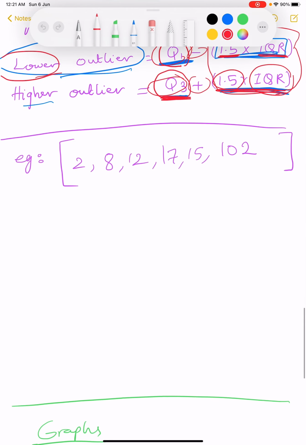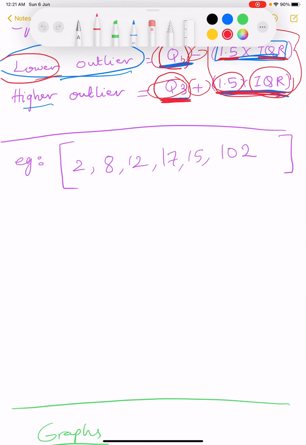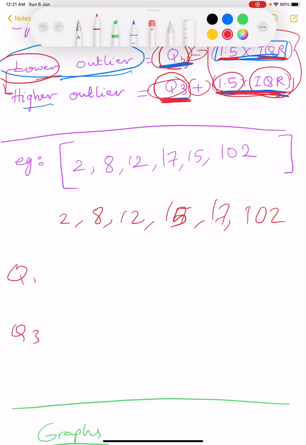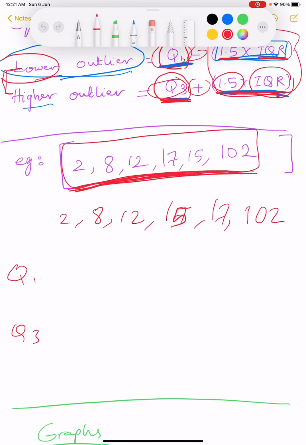We're going to solve for the outliers. First, we organize the values: 2, 8, 12, 15, 17, 102, and so on. We want Q1 and Q3 in order to use these two equations and decide which values will be outliers.